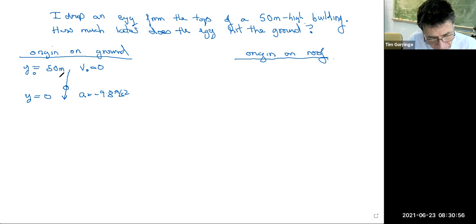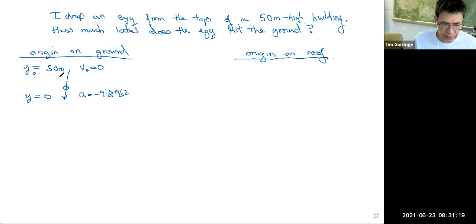Now, look carefully about how I wrote down these numbers. I have made two choices here. I've made the choice that upwards is the positive direction. That's one choice. And I've made the choice that the ground is the coordinate origin.